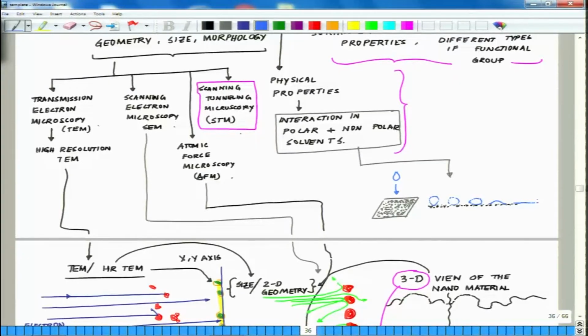If you compare with the base, you see what angle it is making. The angle is continuously changing, and here it is almost mixing on the substrate. Based on this angle, you can calculate its hydrophilic nature and its hydrophobic nature.